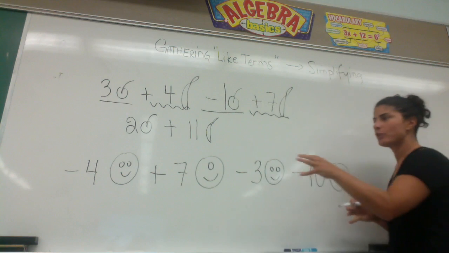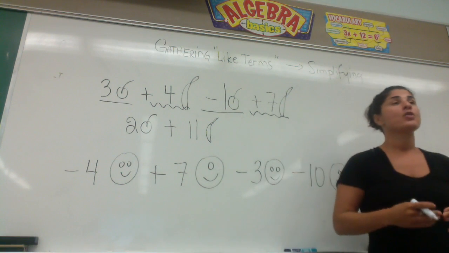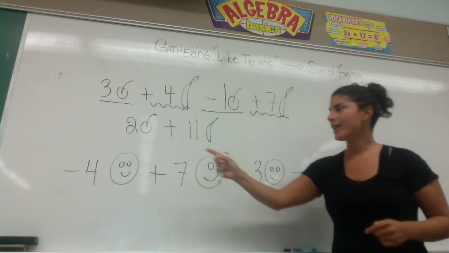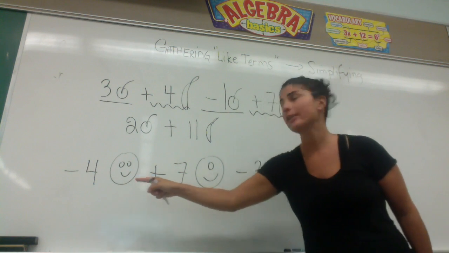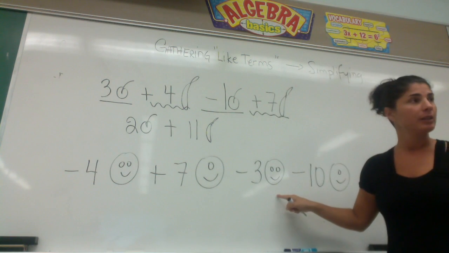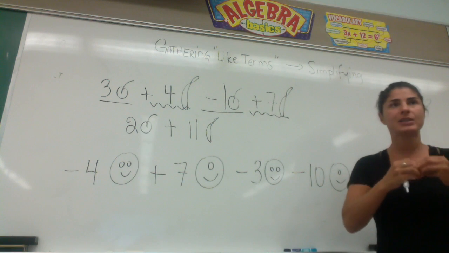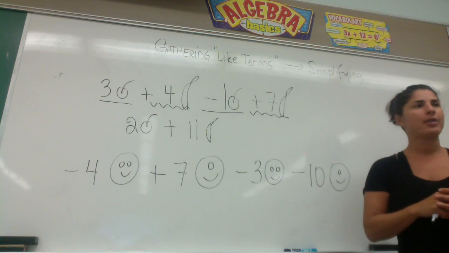What I'm trying to get you to see here is that even though they're all happy faces, it has to be exactly the same. So if this guy has 2 eyes, you have to go find the one with the 2 eyes and the happy face. He's smiling. You got to go find the other one. He can't have a sad face. They have to be identical.